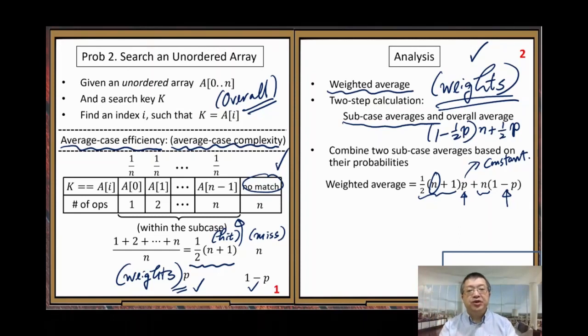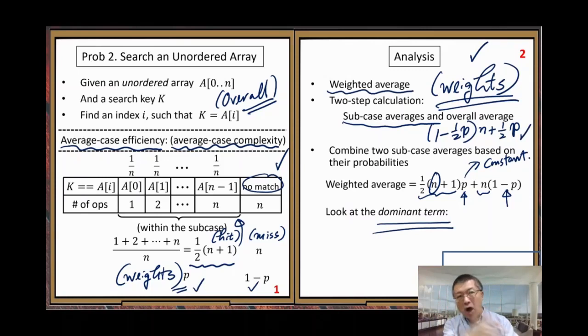Then I introduce a new concept. Later we will use this concept a lot. It is called the dominant term. In this expression, we have two terms, but the first term dominates the other. So we call the first term the dominant term.